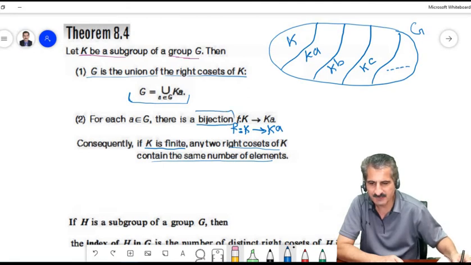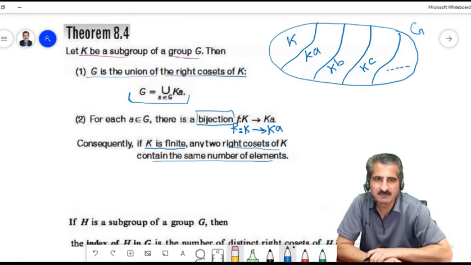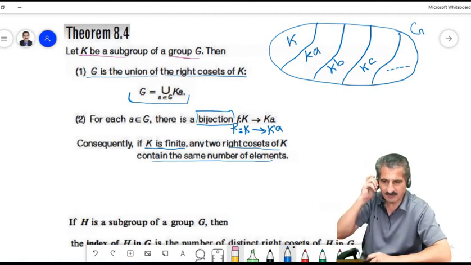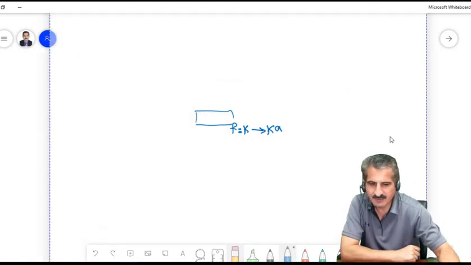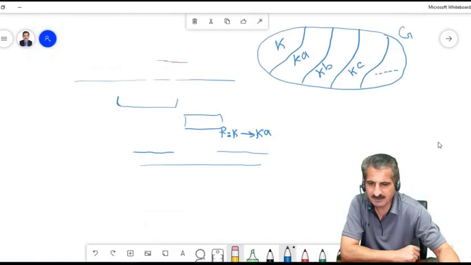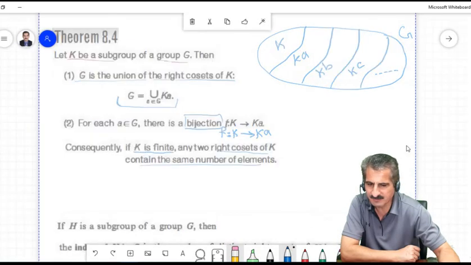So a bijection from finite to finite means K and any of its right cosets have the same number of elements. So let's prove these two parts. First we want to show that G equals the union of the right cosets.